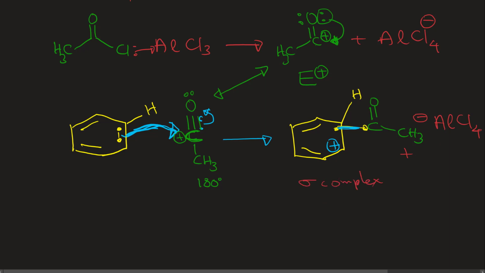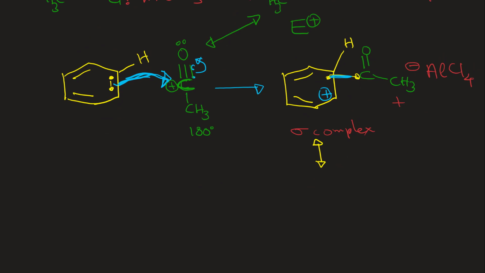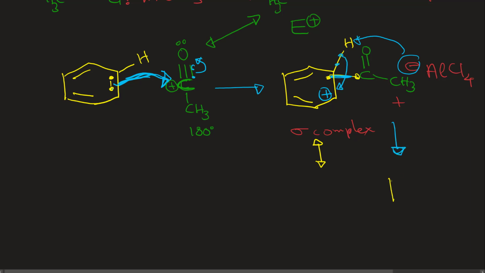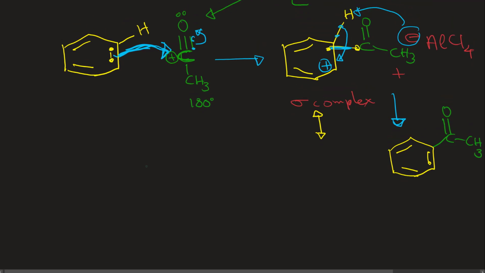The sigma complex should show, typically like in the alkylation, three different positive sigma complexes, right? And we can get the product out of these, because the aluminum tetrachloride anion will deprotonate the benzene ring, and then you end up with the final product. So the acylation took place. That's a good way to look at it.